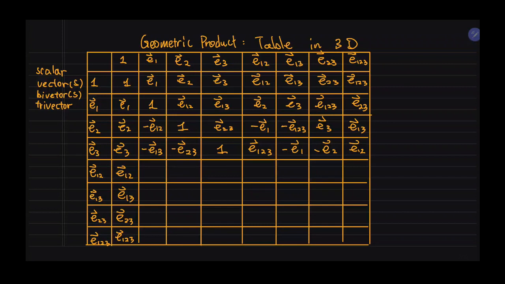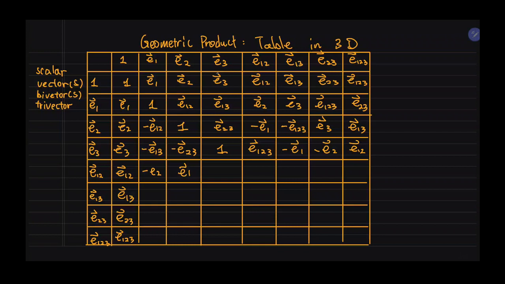Now it's the bivector, dual vector, e12. e12 e1, so we will get minus e2. And then e12 e2 will be e1.